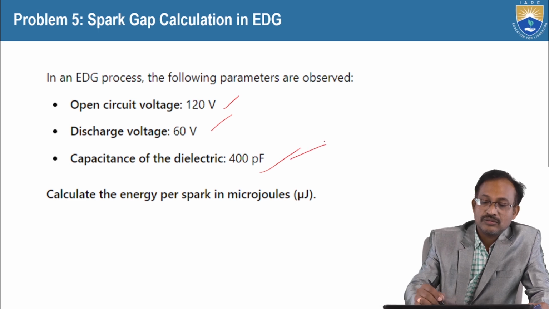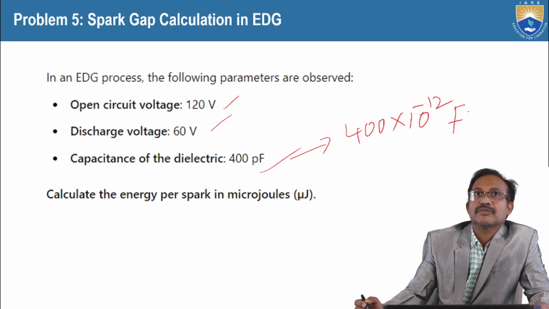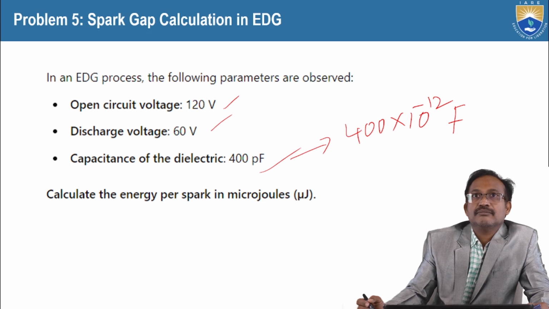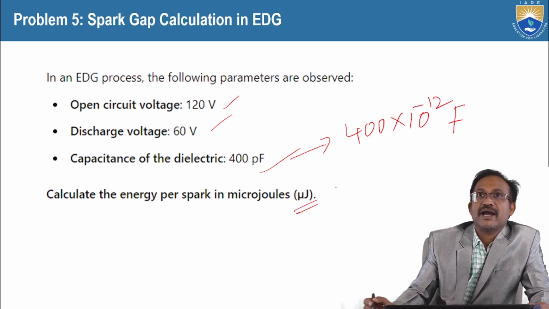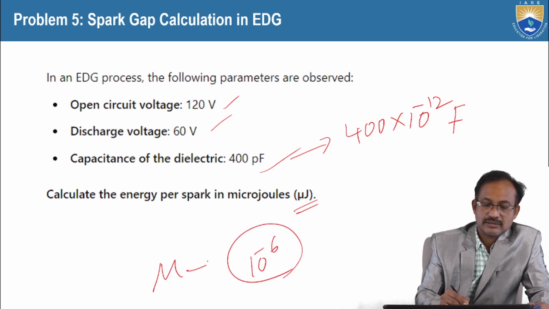We have to convert this, that is 400 into 10 power minus 12 F. Calculate the energy per spark in microjoules. Micro means 10 power minus 6.